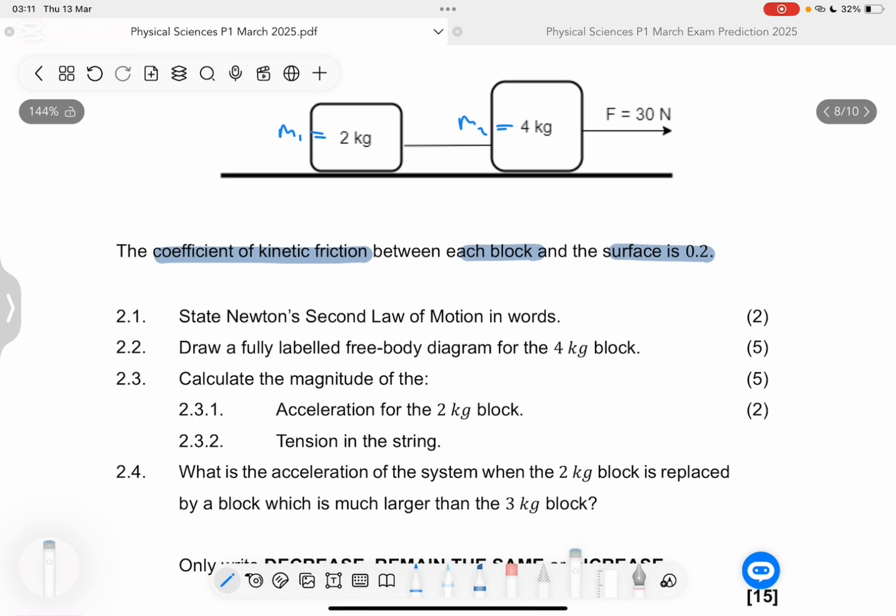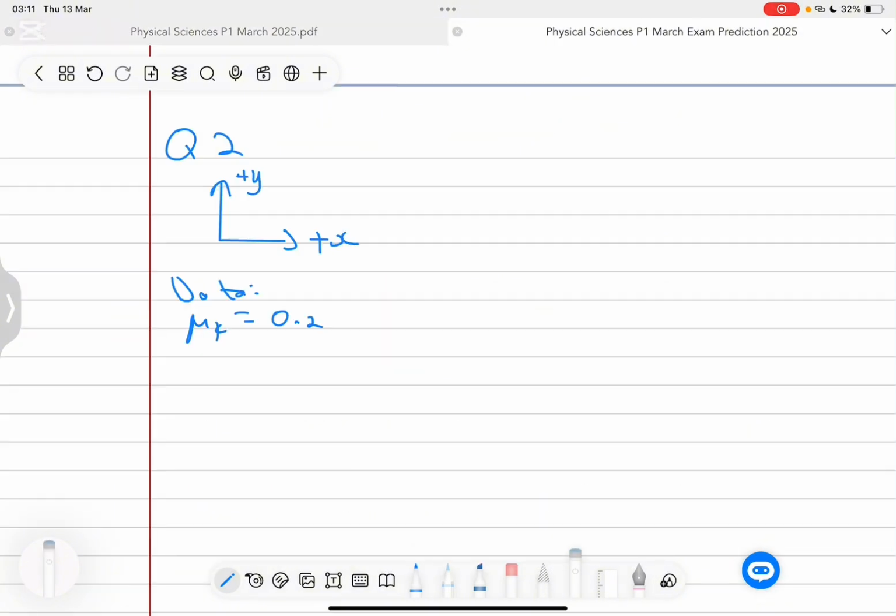Question 2.1 says to us: state Newton's second law of motion in words. I expected this type of question because I said this falls rightly into Newton's second law of motion, and particularly F net equals ma. That's the law that is relevant to this question.